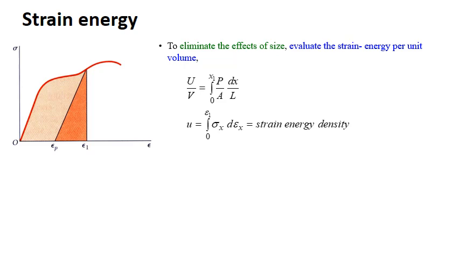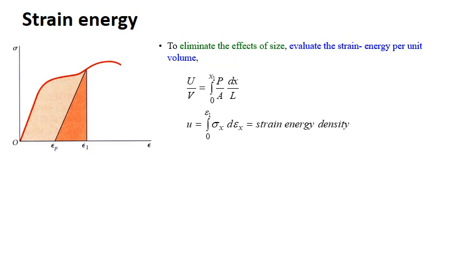So U by V, and on the right side you will get A by L. So I'm dividing by V on either side, so it doesn't affect. So lowercase u represents our strain energy density. Lowercase u is equal to U by capital V, where V is the volume.